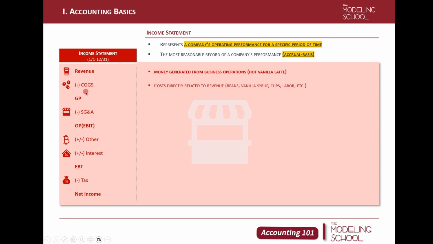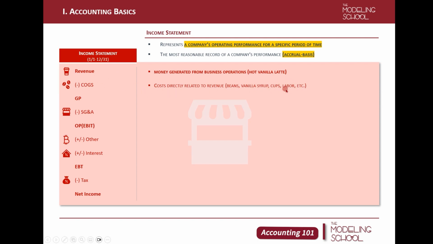Cost of goods sold are costs that are directly related to revenue. So usually they're costs such as coffee beans, the syrup for the latte, the cups. So material costs that are required in order to generate revenue. Also, labor costs can be included in cost of goods sold.